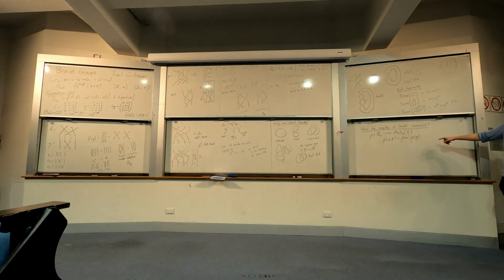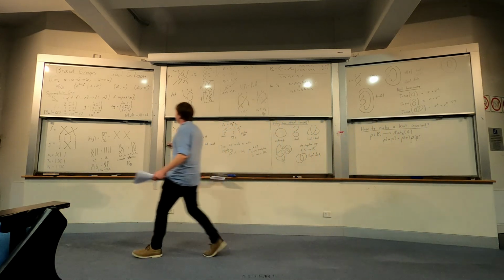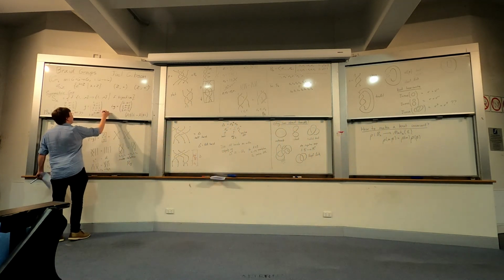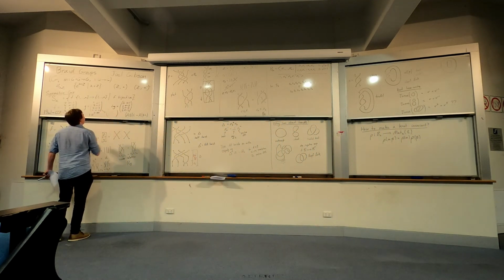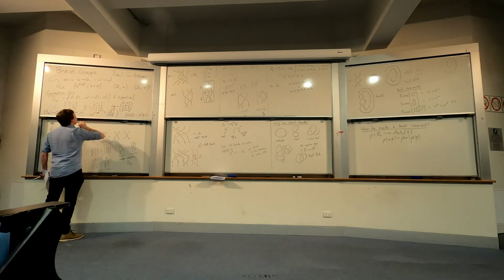An example of a representation for the symmetric group would be permutation matrices. So I could take this permutation and I could write down a permutation matrix. 2 goes to 3, 3 goes to 2, 4 goes to 1. Oh, have I written this wrong?